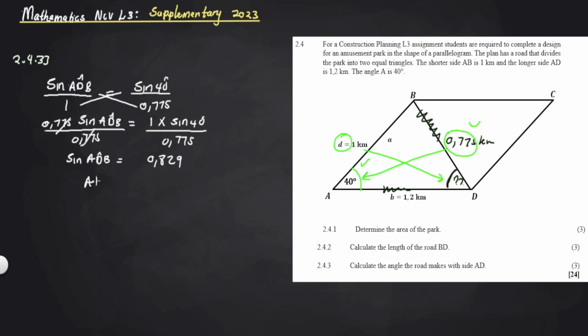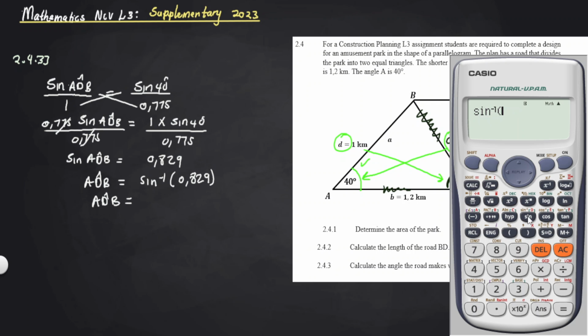Then angle ADB is equal to arc sine of 0.829, which is 55.996 degrees, to 3 decimal places. This is our final answer.